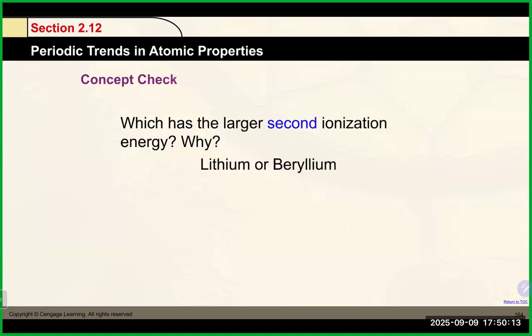Which has the larger second ionization energy? Take a second there: lithium or beryllium, which one would have the higher second ionization energy?